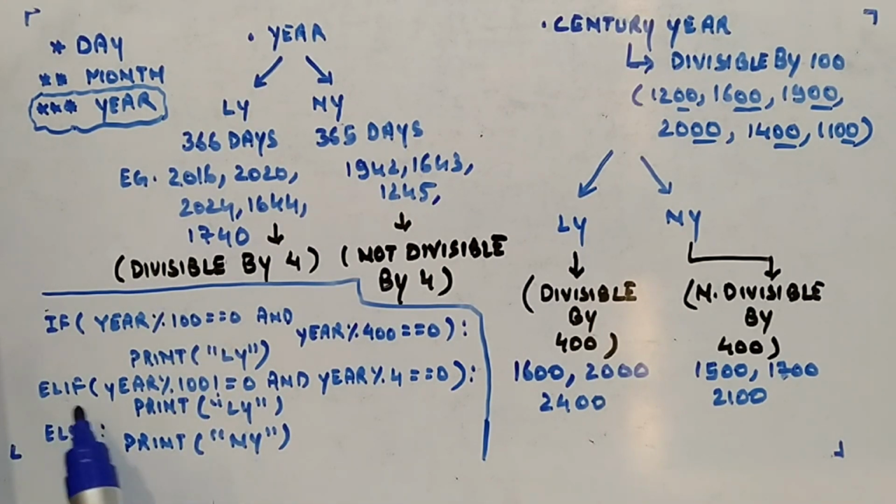Else if the year is not divisible by 100, see the not sign is there, and the year is divisible by 4, meaning year modulo 4 has remainder 0, print leap year.